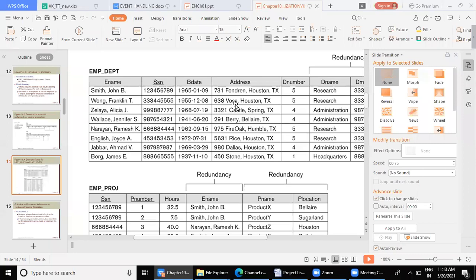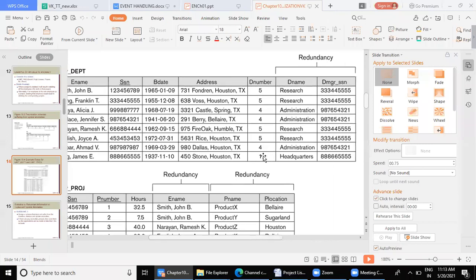So when four employees are working in the research department, four times I'm writing the same department name: research, research, research, research. This is nothing but redundancy in the data. Then every time I write that research department, I also have to write that manager's SSN number. Isn't it unnecessary repetition in the data storage?